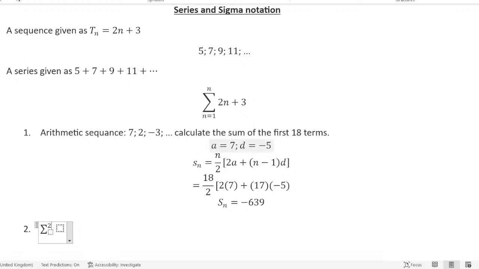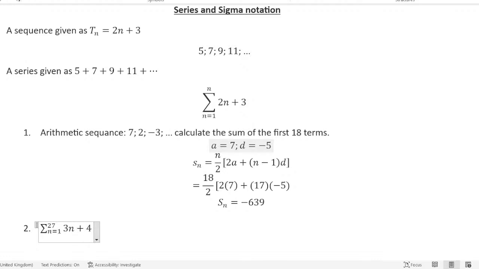So we have here 27. Then here we have n equals 1, which means for the first term we have to substitute 1. Then we have 3n plus 4.